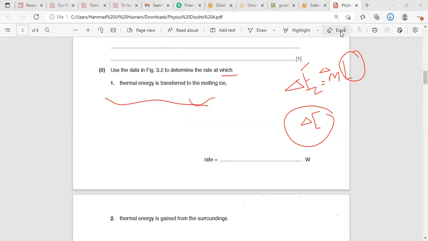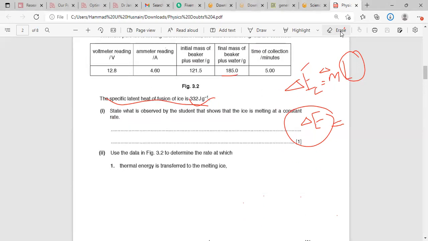No, let me tell you. Basically, let me explain it to you in steps. Do you have a calculator so that we can have a proper look at this question?